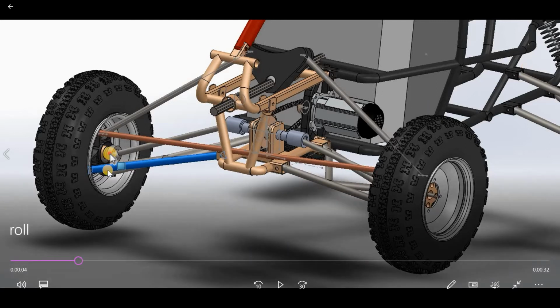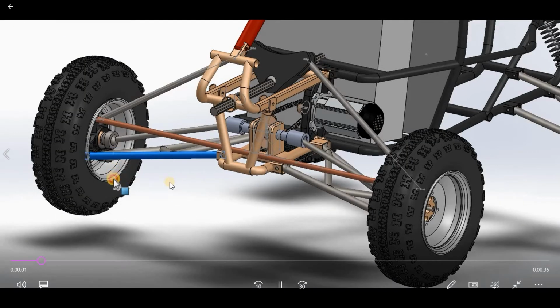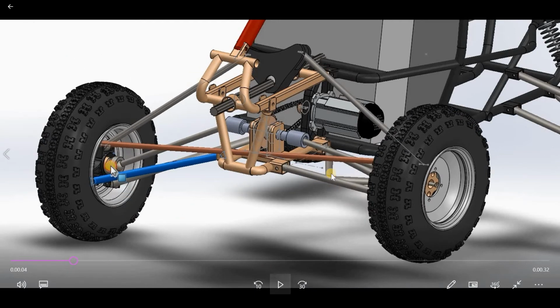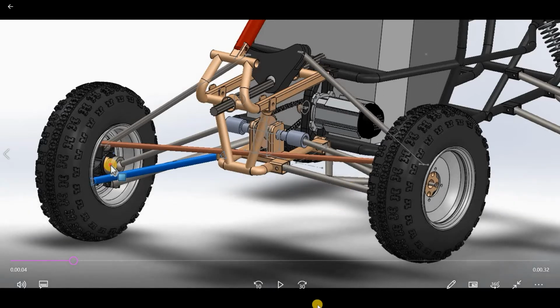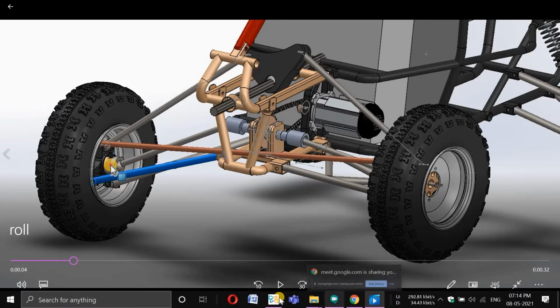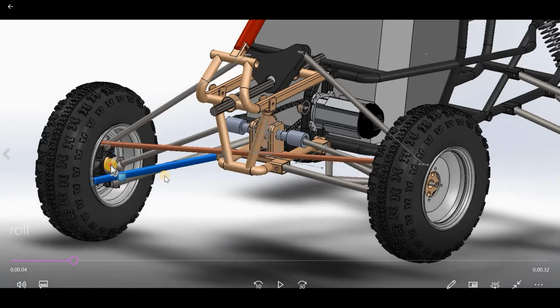Then this left tire will go down, like this, and the right tire will go up, because the chassis is rolling because of the centrifugal forces. So this movement is being utilized to generate angle in another direction.